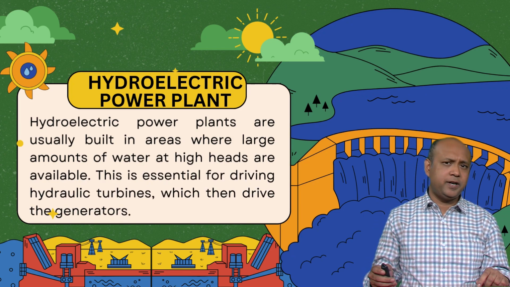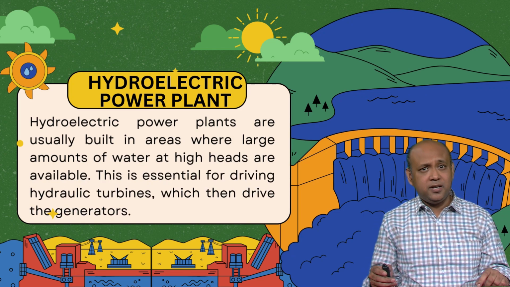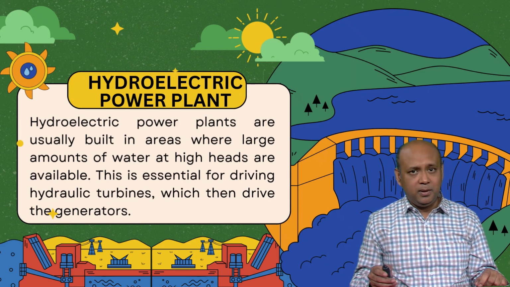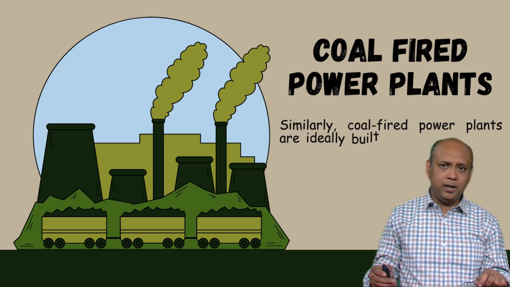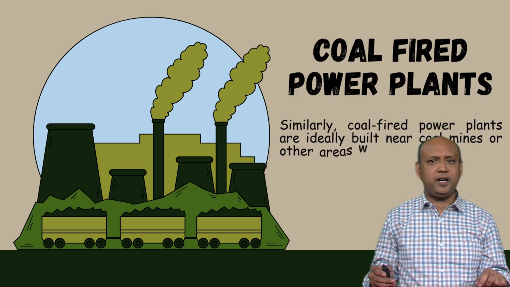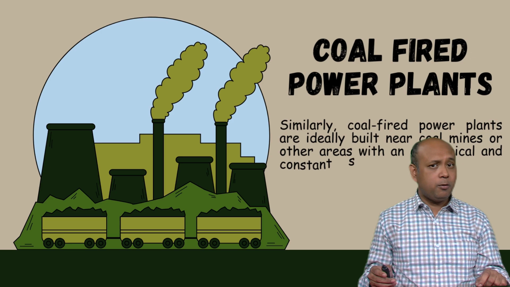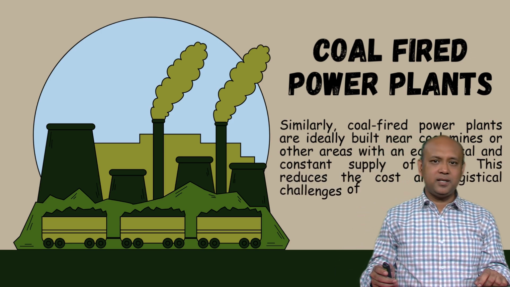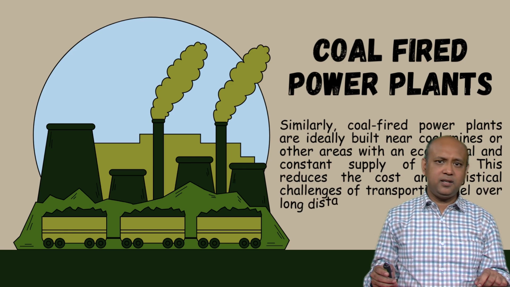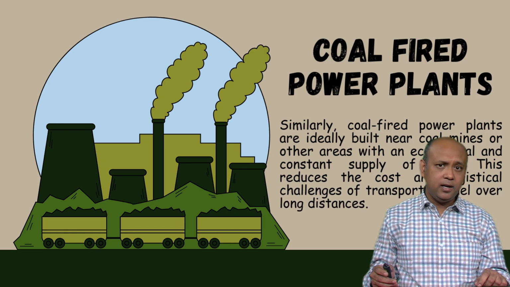This is essential for driving turbines, which then drive the generators. Similarly, coal-fired power plants are ideally built near coal mines or other areas with an economical and constant supply of coal. This reduces the cost and logistical challenges of transporting fuel over long distances.